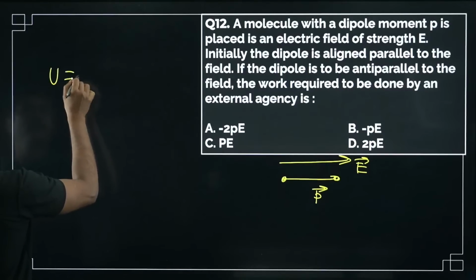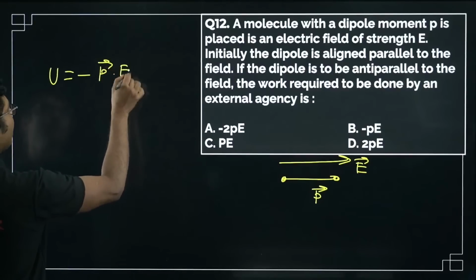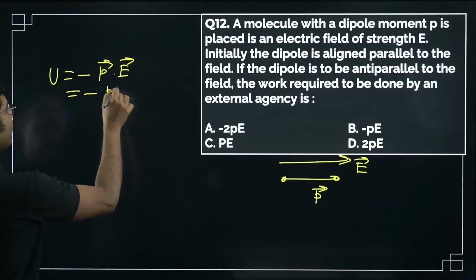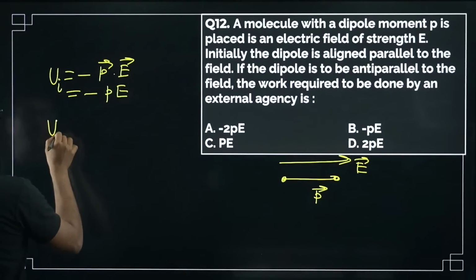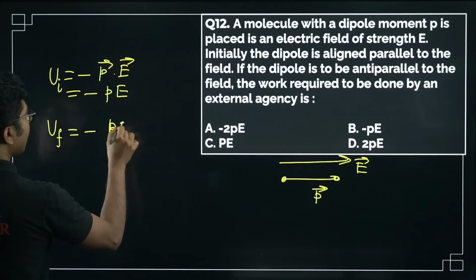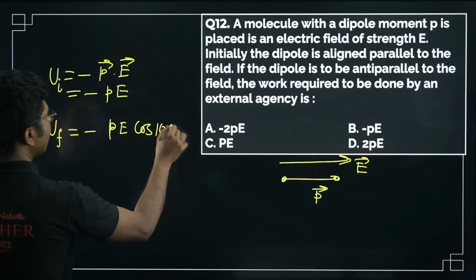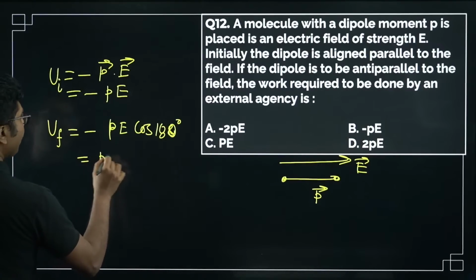So initial potential energy is minus P dot E. Remember, in potential energy there is a negative sign, so it will be minus P into E. Okay, this is the initial potential energy. Final potential energy is minus PE cos 180 degree, because initially parallel means 0 degree angle, anti-parallel means 180 degree angle, so it will be plus P into E.